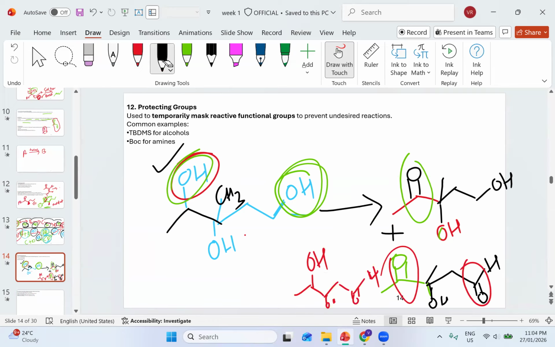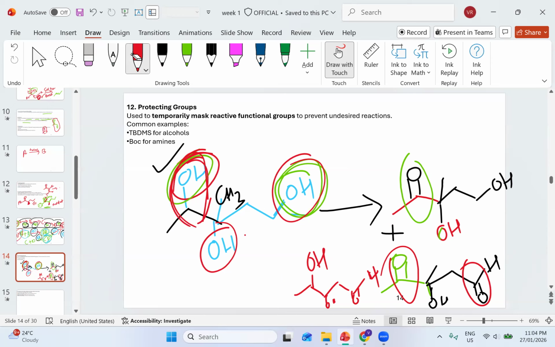We have to protect this remaining reactive hydroxy group to get the selective oxidation of this secondary alcohol, the alcohol that I have highlighted. So then what we can do is use a protecting group which is selective towards the primary alcohol, that is, more reactive toward the primary alcohol but not reactive to the secondary or tertiary alcohol.